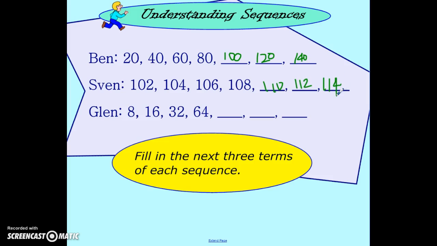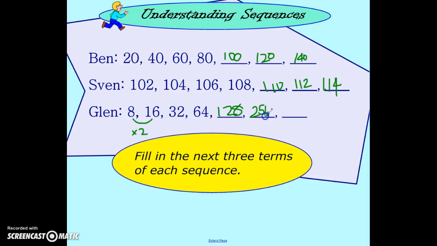Glenn took a little bit of a different approach. If we look at this, it looks like he adds 8, but 16 plus 8 is not 32. Actually, what Glenn is doing is multiplying by 2. So he was doubling his number every time. So he started at the lowest number, but as he started to double his number, it started growing very, very quickly.